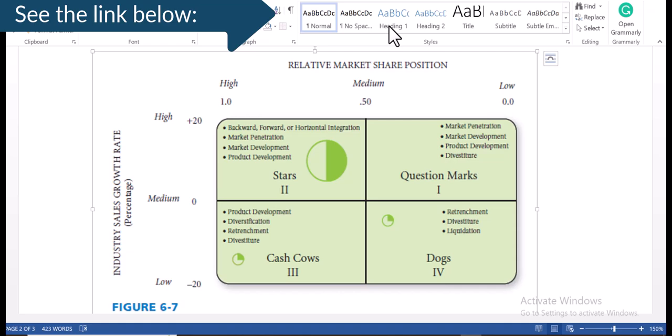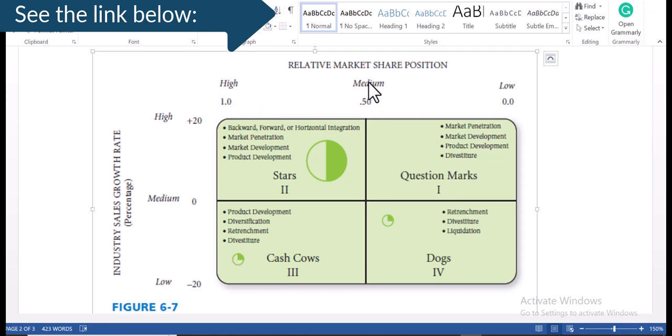Okay, here you can see the BCG matrix. So there are two dimensions over which we draw these four quadrants. The first dimension is called industry sales growth rate, which you can see on the vertical side, and on the horizontal side, the other dimension, which is the relative market share. So these two dimensions are important when it comes to the evaluation of the product portfolio.